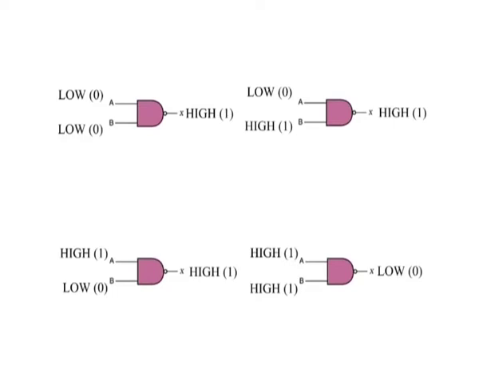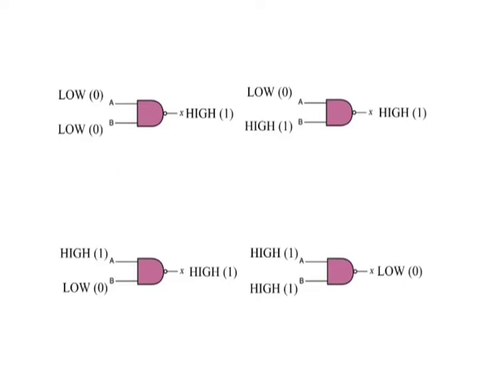For a two input NAND gate, output X is low only when inputs A and B are high. X is high when either A or B is low, or when both A and B are low.